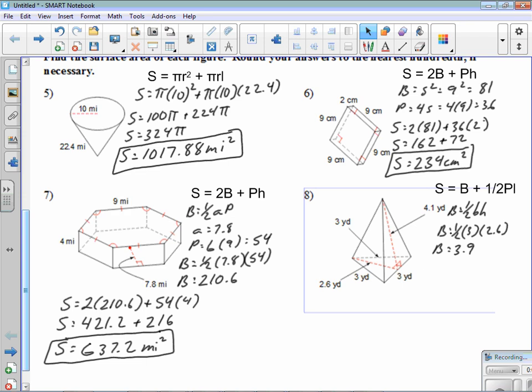Alright, the perimeter, all 3 sides are 3 yards, so 3 times 3 will equal 9. And the slant height's given to us as 4.1. So plug all that in to the surface area formula. It's going to be area of the base 3.9 plus 1/2 of the perimeter, which is 9, times the slant height, which is 4.1.